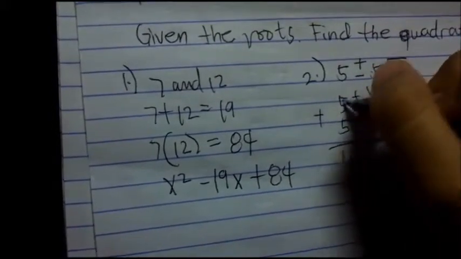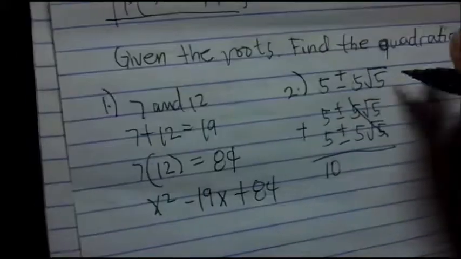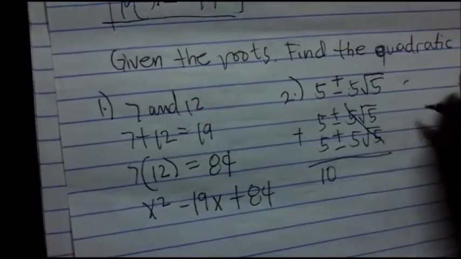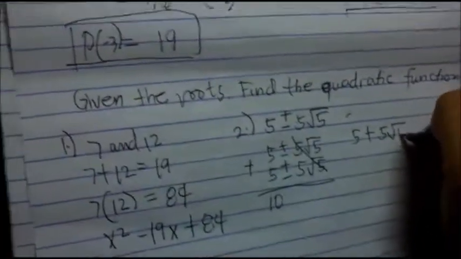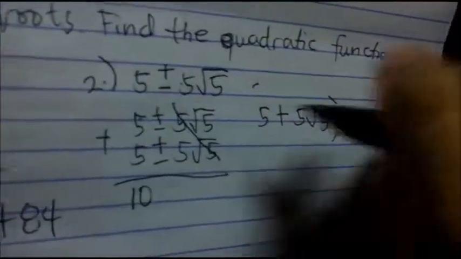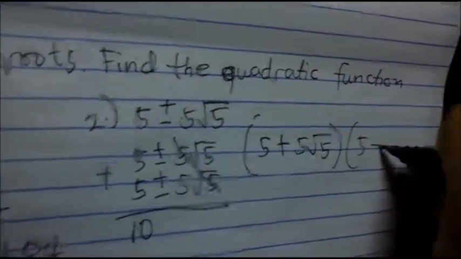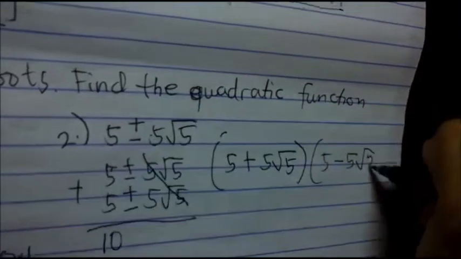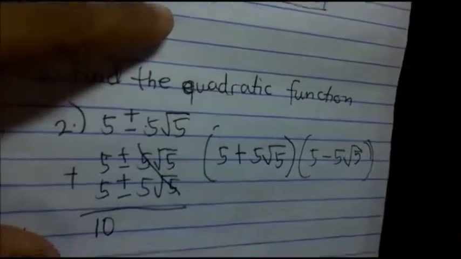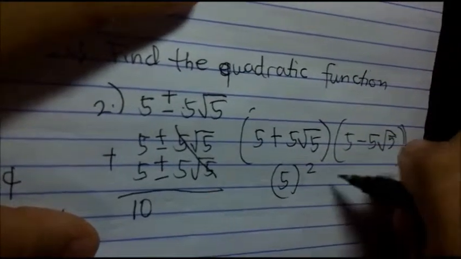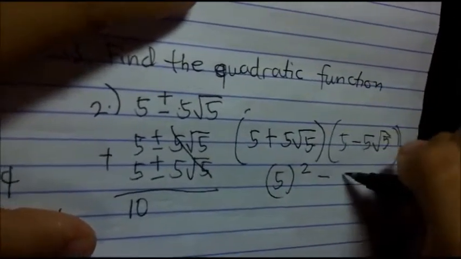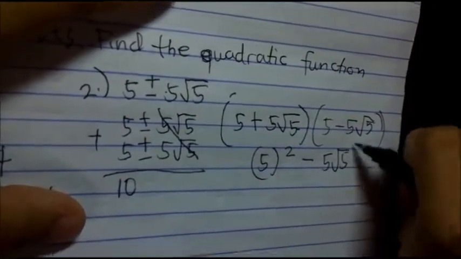So 5 plus 5, 10. Then for the product, 5 plus 5 square root of 5 times 5 minus 5 square root of 5. So 5 squared minus 5 square root of 5 squared.